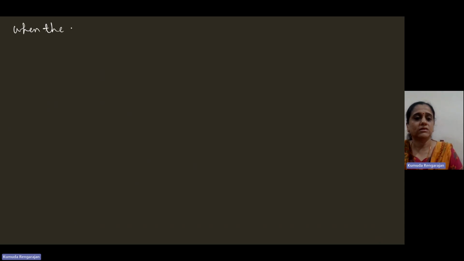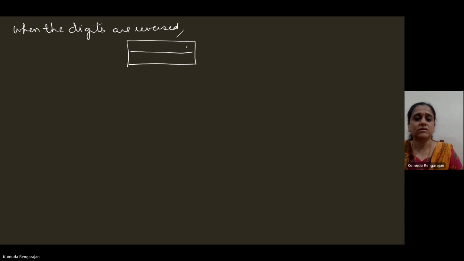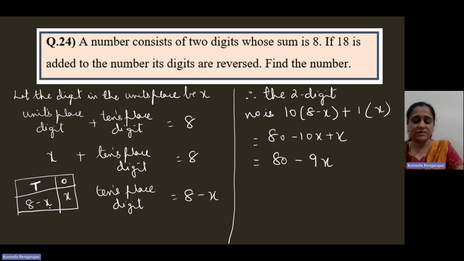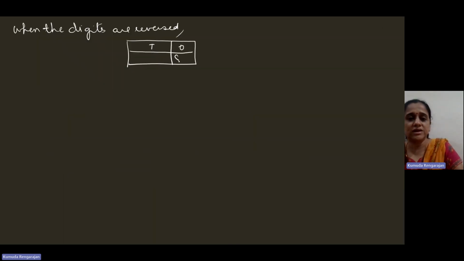When the digits are reversed, it will be like this, right? Ones, tens. What's the digit here? 8 minus x in the tens place. So that will come here, 8 minus x, and x will come here, right?